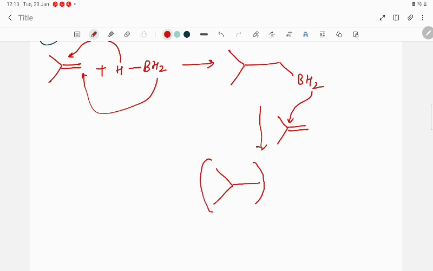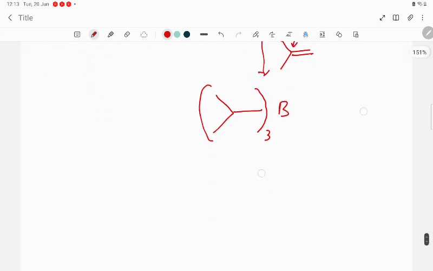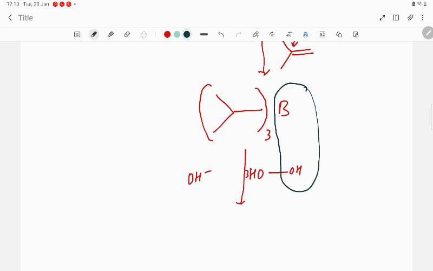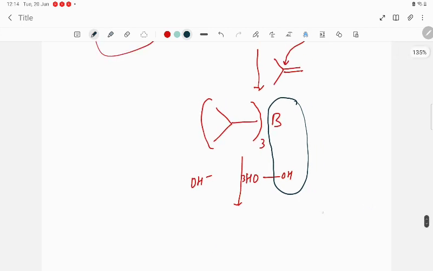This will be 3 times, and here will be B. Now, students, you can do the oxidation in the basic medium with the help of hydrogen peroxide. How many molecules do you need to take? 3 molecules. So this is B(OH) whole thrice. You see how it is going to be out, B(OH) 3 times.